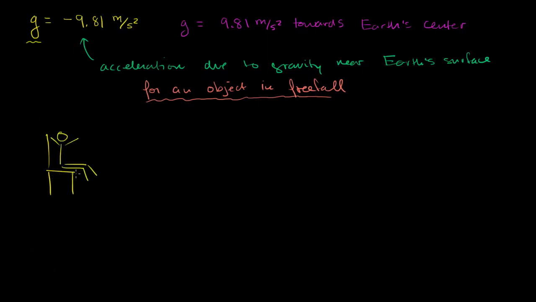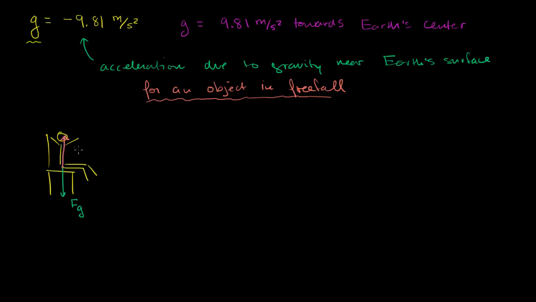If I were in free fall, I would be accelerating towards the center of the Earth at 9.81 meters per second squared. But what's happening is all of the force due to gravity is being completely offset by the normal force from the surface of the chair onto my pants.